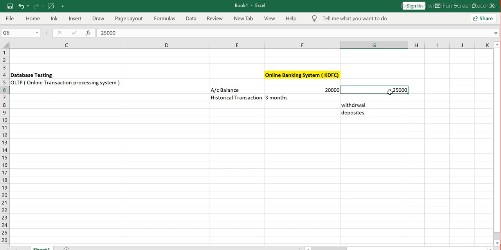Or for example, for simplicity, guys, let's say I have 20,000 rupees and I am withdrawing 3,000 rupees. When I withdraw 3,000 rupees, the remaining is supposed to be 17,000, right? So when I withdraw this amount, there will be a trigger which will run on this total amount and subtract this amount from it. All these operations are supposed to happen in the backend properly.